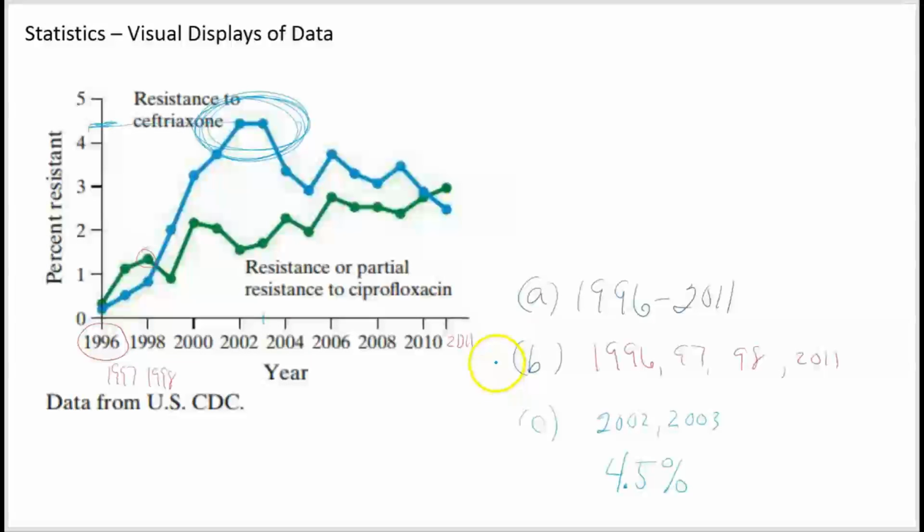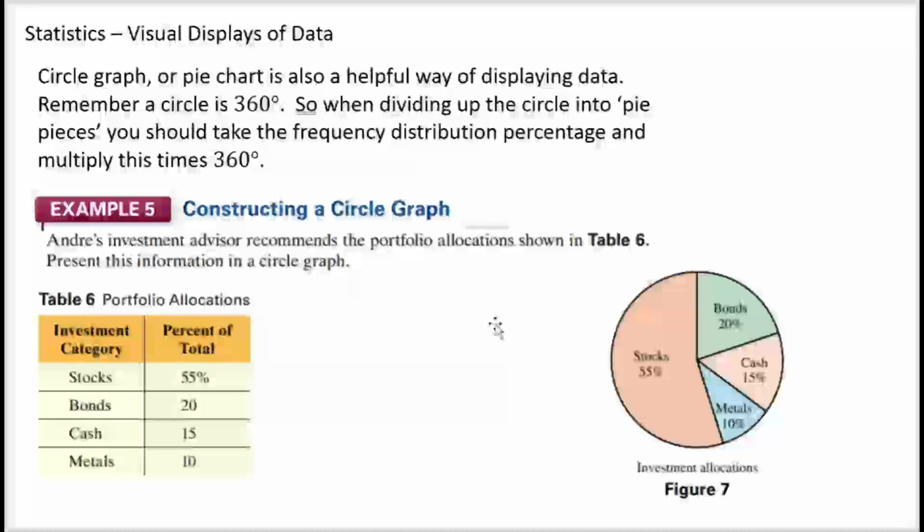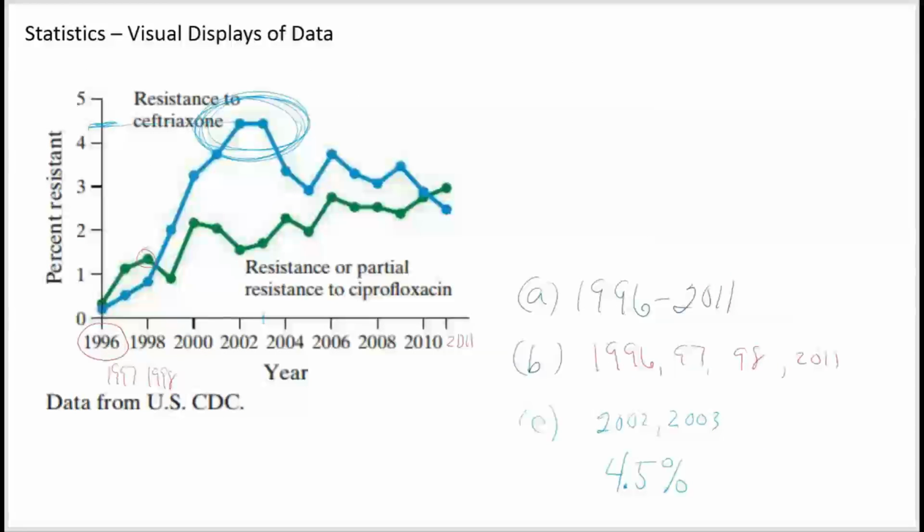And then you have bar graphs where you have rectangles that don't touch each other. They're often on their side. You have a stem and leaf plot. And then you have a circle graph, or a pie chart, often called a pie chart when we're growing up. And then you have a line graph, and we just took an example comparing two different line graphs.